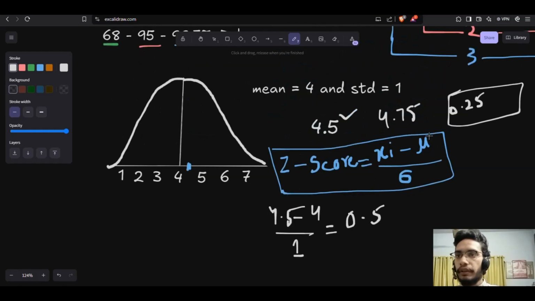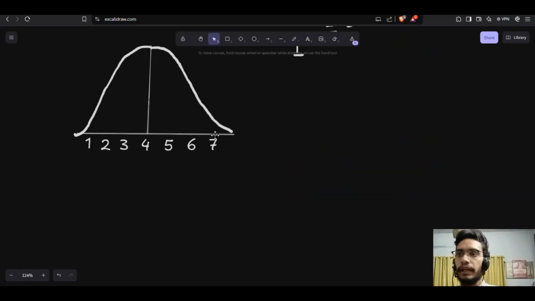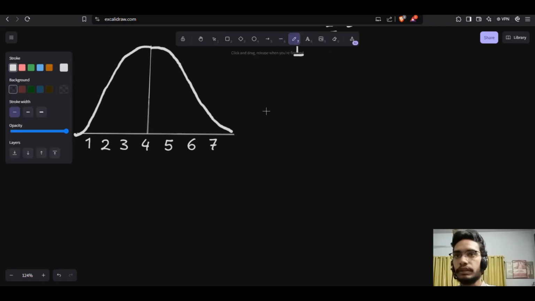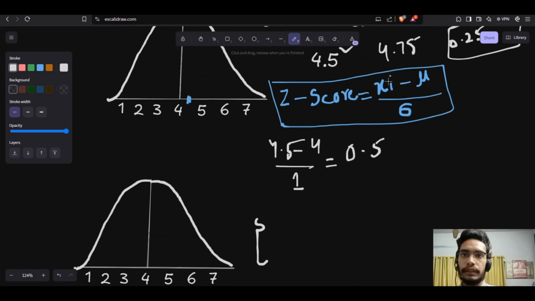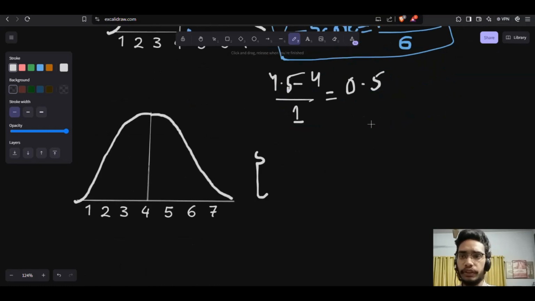Now what if I apply the z-score to all of these values? I have this distribution that I discussed before, and what if I take the z-score of all of these values? Let me show you. I'm creating this dictionary here. You already know the z-score formula: xi, that means your value minus mean divided by standard deviation.